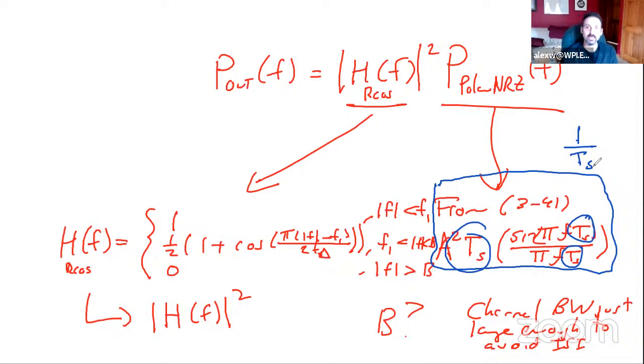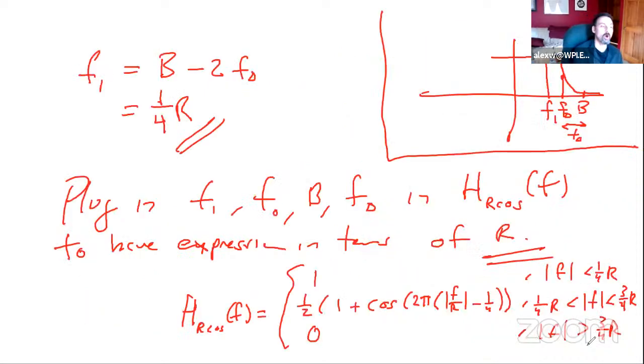What is that equal to in terms of the power, in terms of the symbol period or bit period? We want an apples and apples multiplication, because once we know how this looks in terms of R, and we know already how this looks in terms of R, we can do the multiplication to see what the resulting PSD is going to look like. That is why we're putting everything in terms of R.